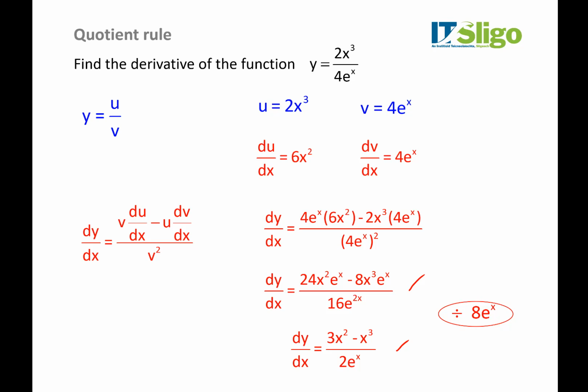So that's the product rule and the quotient rule. Now in science, we don't come across functions that are multiplied or divided that often. We do occasionally. But the rule that generally dominates science, maths and calculus is the chain rule, which we'll take a look at. Sorry, there's just some questions here for you guys to do.